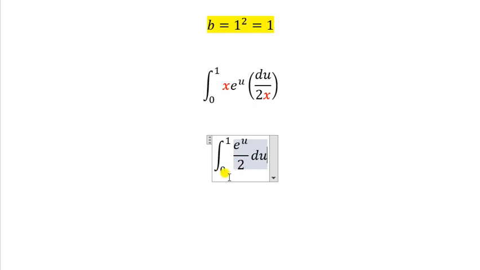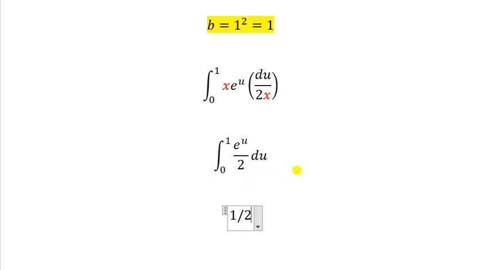Now, there is a rule of integration that tells us that whenever we have a constant in our integral, we can take that constant out. Since we are dividing e to the u, we can take this 2 out.